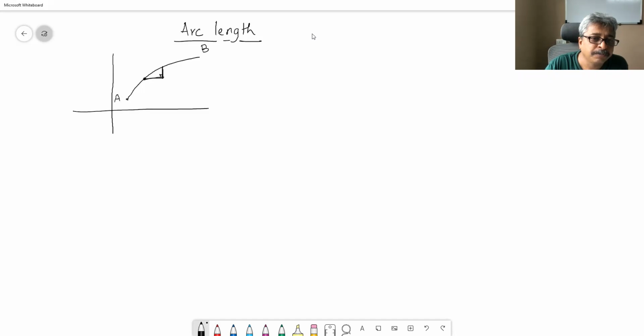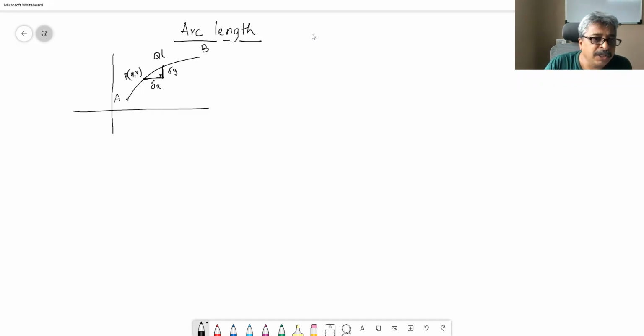This is 90 degrees. From point P (x, y) to point Q, let this distance be delta x and this distance be delta y: the change in x coordinate and the change in y coordinate.